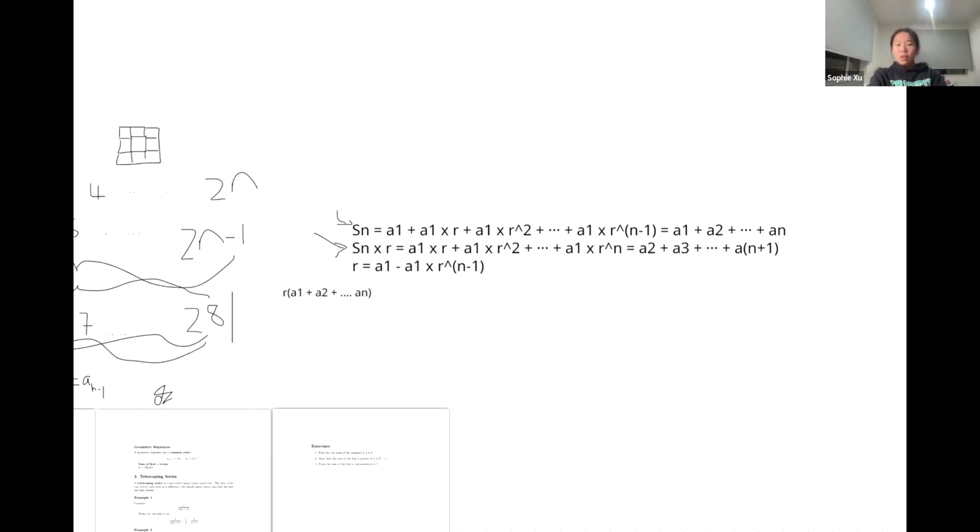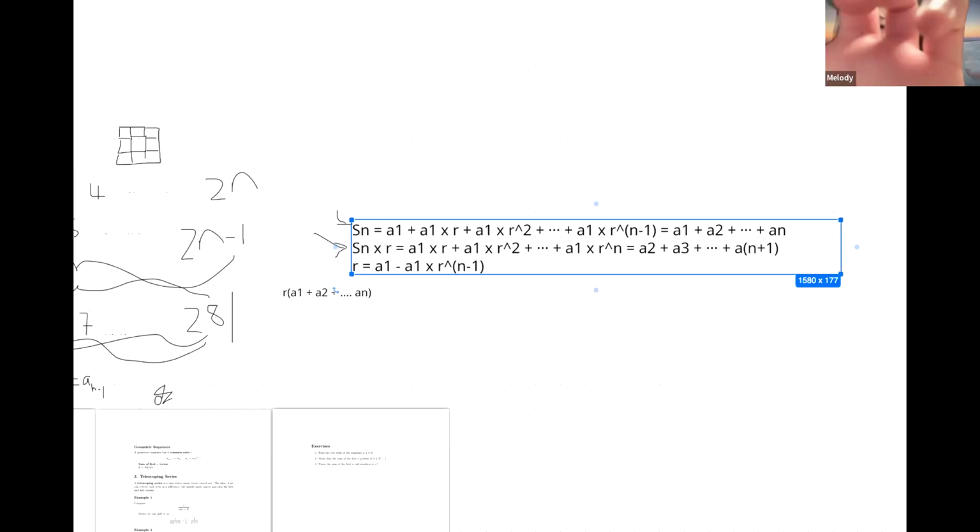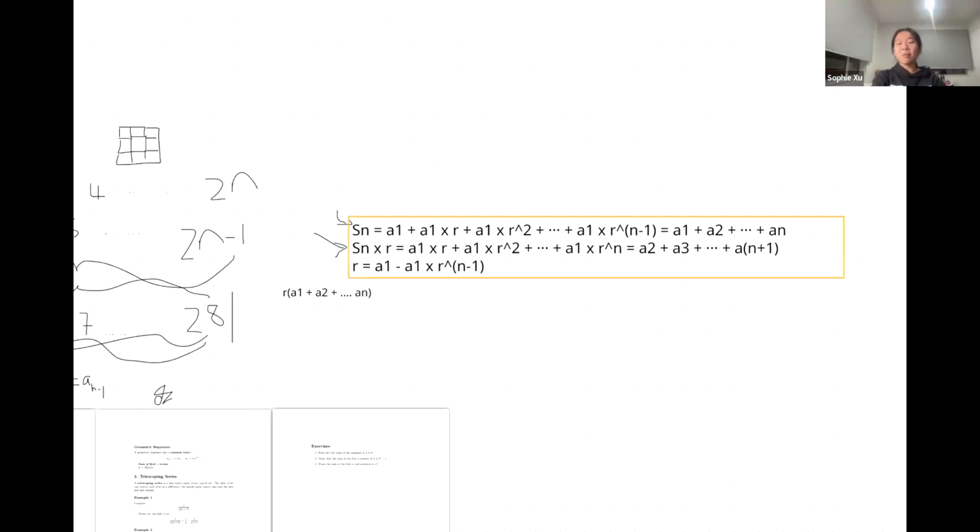I think there are two things. Firstly, you got the r bit wrong. If it's Sn times r minus Sn, that wouldn't be just r, right? Otherwise it would be Sn plus r minus Sn. Secondly, I think you got this part wrong as well, which might be a misunderstanding.